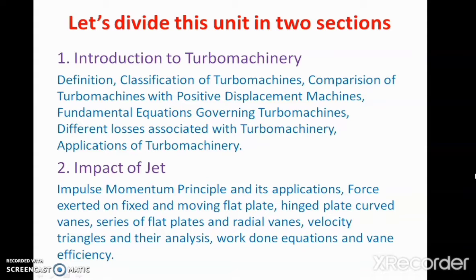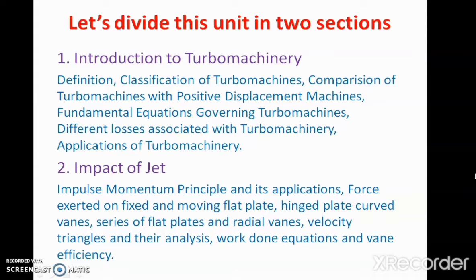That means definition of turbo machinery, classification of turbo machines, comparison of turbo machines with positive displacement machines. What is the difference between the positive displacement machine and turbo machine? Then fundamental equations governing turbo machines. Which are the equations that are used for analyzing the turbo machines or for designing the turbo machines? These equations are very much useful. These are called as the governing equations for any type of machine.